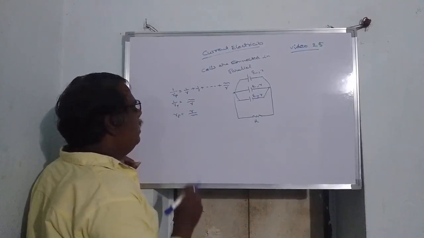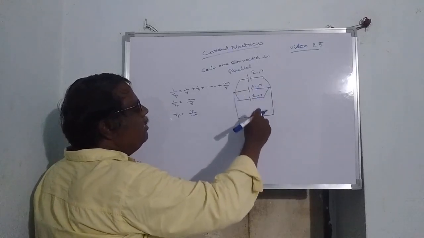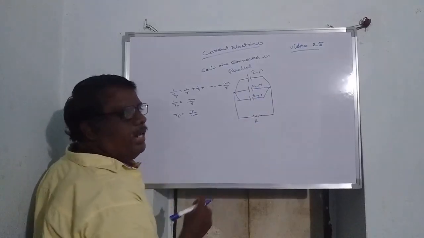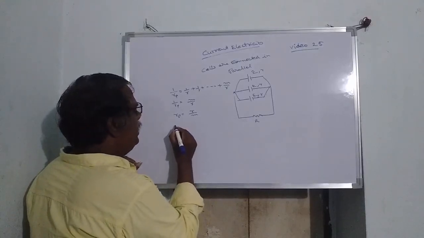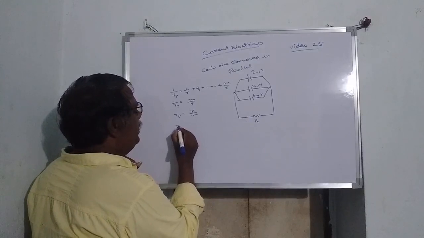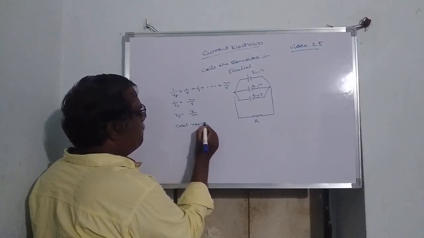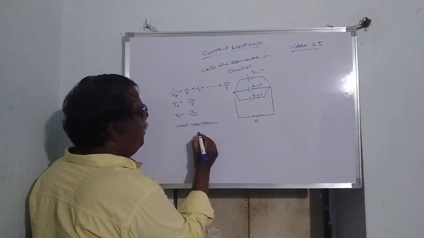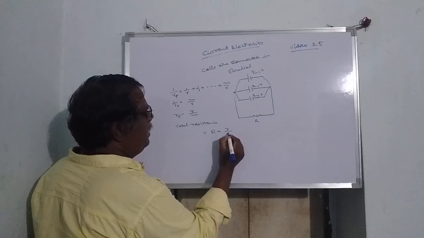Okay, now this effective parallel combination will be connected to R in series, then the total resistance in series combination is equal to R plus r by m.